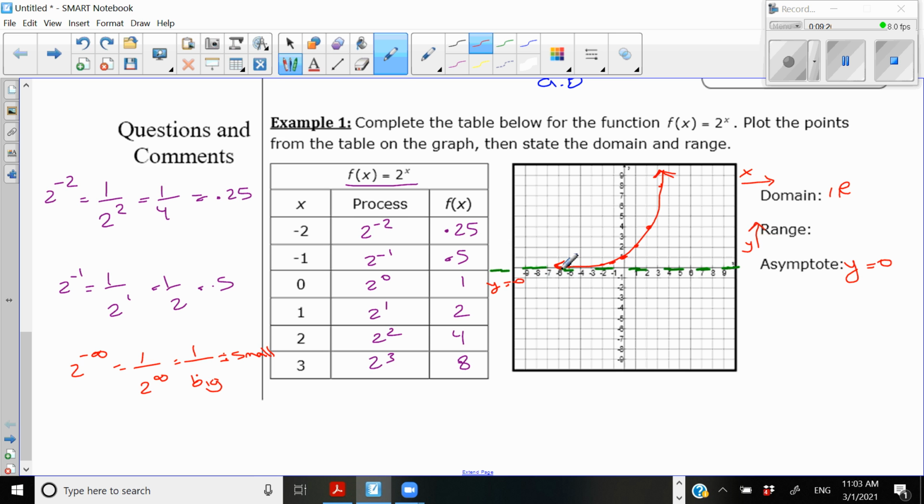And the 0 itself is not part of my graph because we have an asymptote. Okay, so the function is going to start from 0, and I put a parenthesis here because the 0 itself is not included, and I have an asymptote here. Then, as I continue moving up, I will see that the function is increasing, going up forever, and we have an arrow here. So it's going to go to infinity. This is the range of the function.